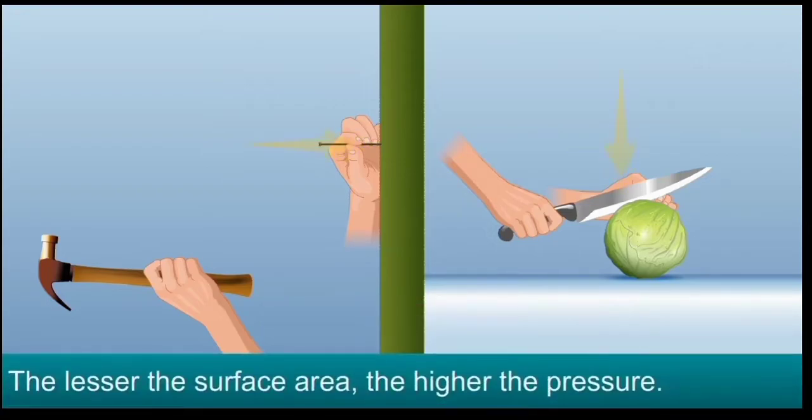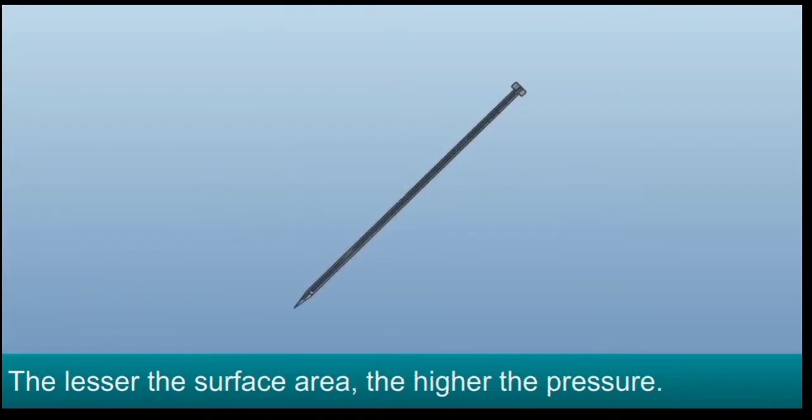The lesser the surface area of an object, the more the pressure applied by that object. The pointed tip of the nail minimizes the surface area of the nail on which thrust is applied.